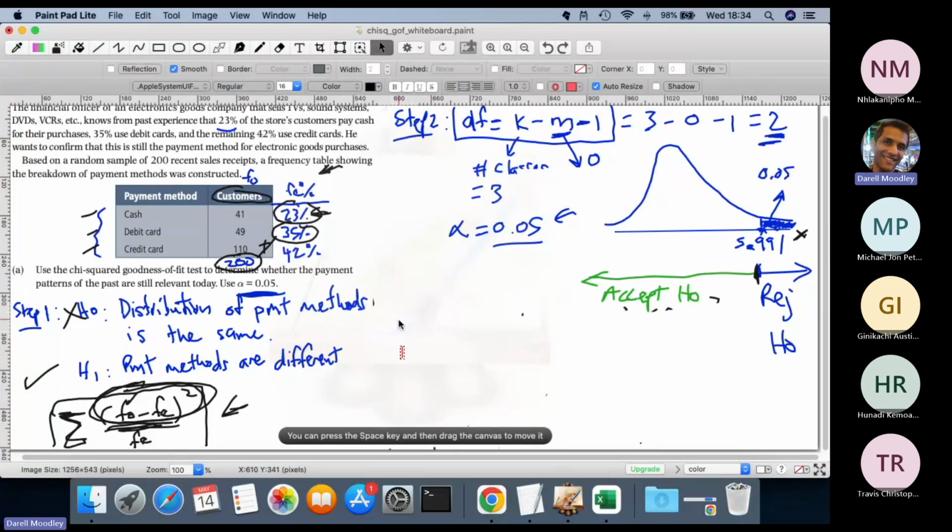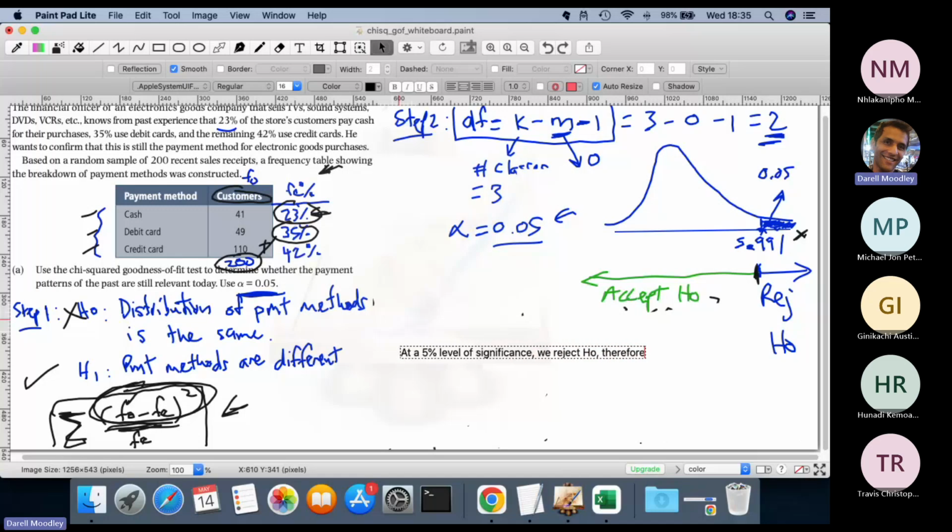In conclusion, we always start with the level of significance. In our case, it's 5%. So at a 5% level of significance, we reject H0.